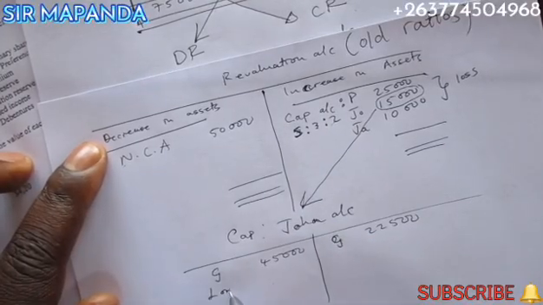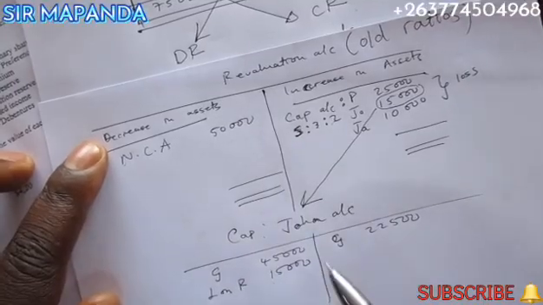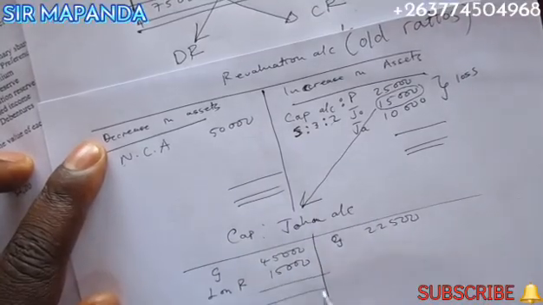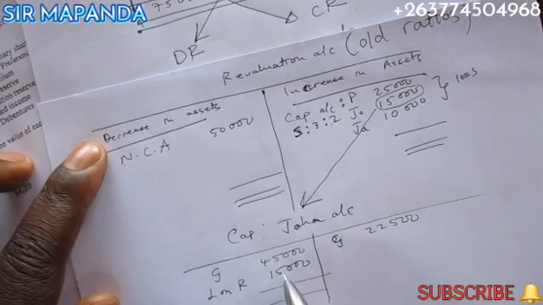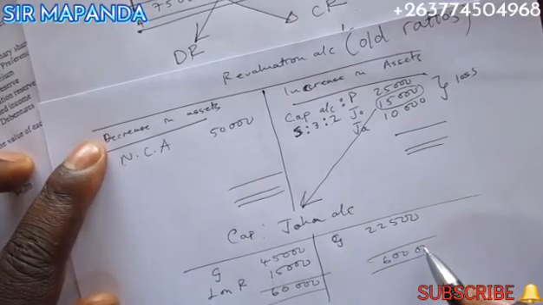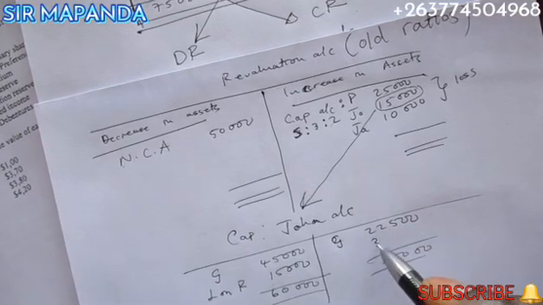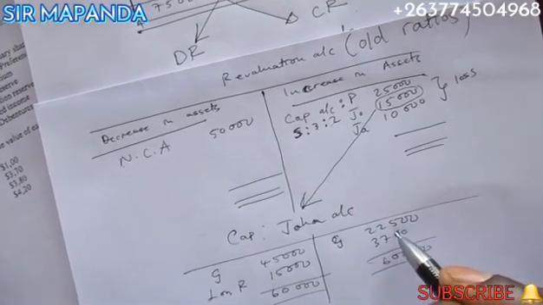So loss on revaluation 15,000, something like this. So what is the net adjustment? 45 plus 15, you get 60. Then 60,000 minus 22.5 is the net adjustment. So 60,000 minus 22.5, you get 37,500.